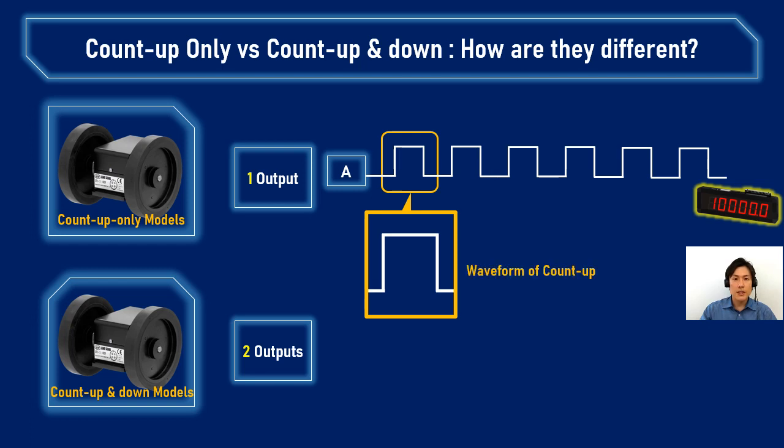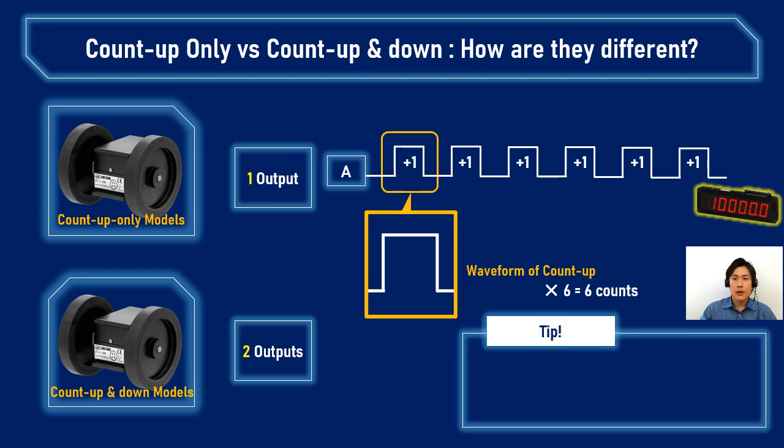When a pulse of this waveform comes in, the counter increases its value. In this example, there are 1, 2, 3, 4, 5, 6 squares, so it's 6 counts, and the count value increases by 6.